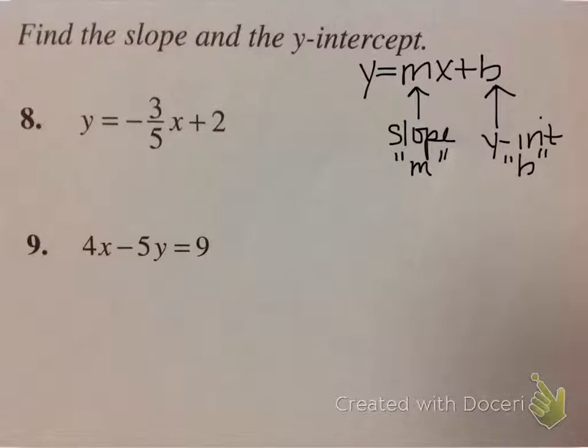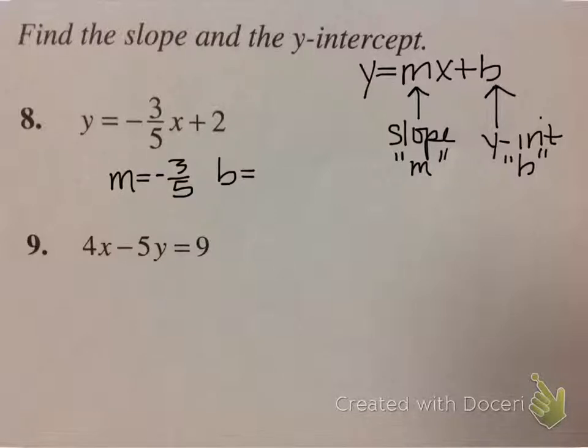So number 8 happens to be in slope-intercept form. It's y equals an x term and then a number. So my slope is negative 3/5, and my y-intercept is 2.